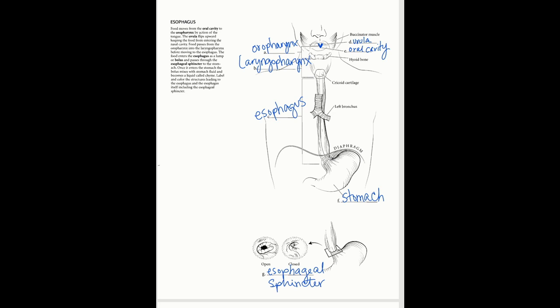If there is any type of faulty mechanics going on here, it's going to cause acid reflux so that the acid can actually travel back up if it's not closed properly. And so for quite a few individuals who struggle with heartburn, it's because they're having issues with the esophageal sphincter closing properly. This can also lead to ulcers and things like that in the esophagus.